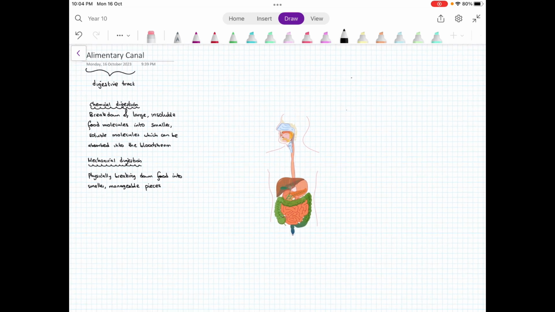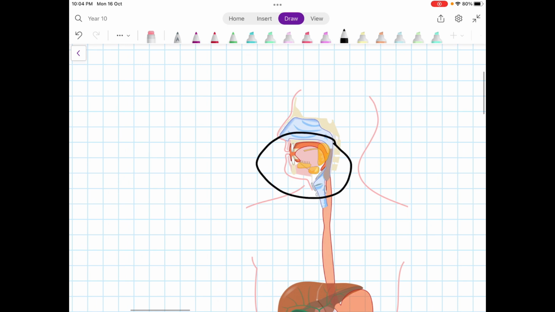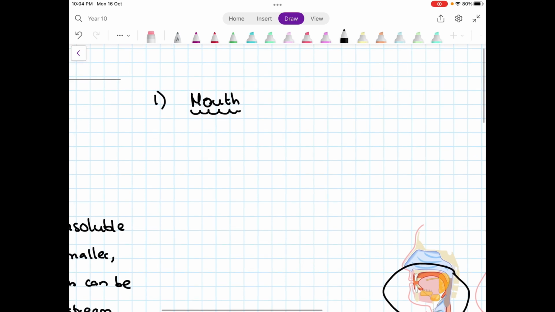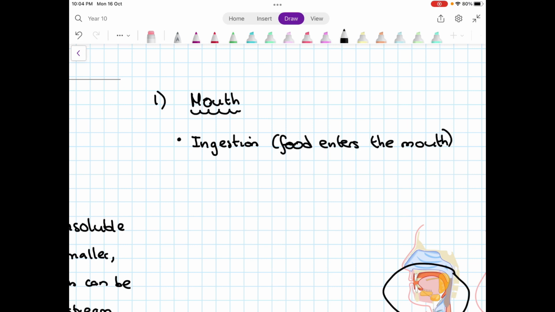Okay, so the first organ of the alimentary canal that we're going to be focusing on is the mouth. So in the mouth, ingestion occurs, where food enters the mouth and is taken in.